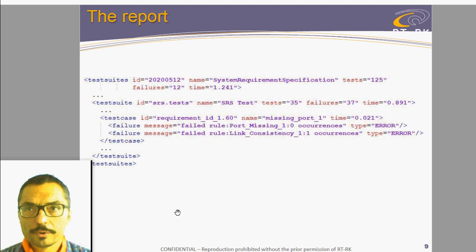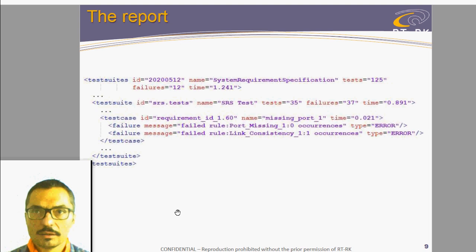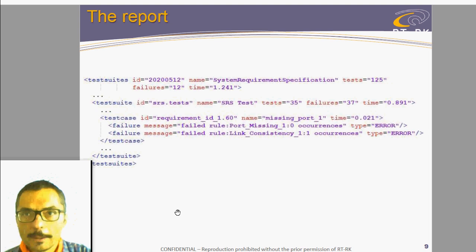The report of the system testing is aligned to JUnit reports. This way we can implement these tests into any other tool chain. We can put it, for example, in Jenkins. So we can read it in various ways.